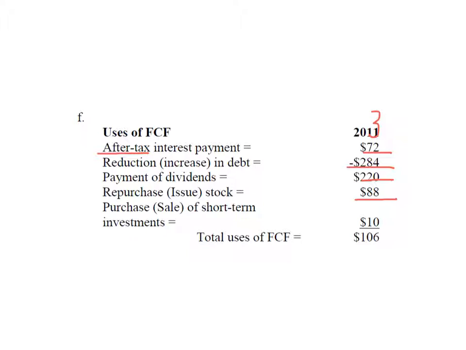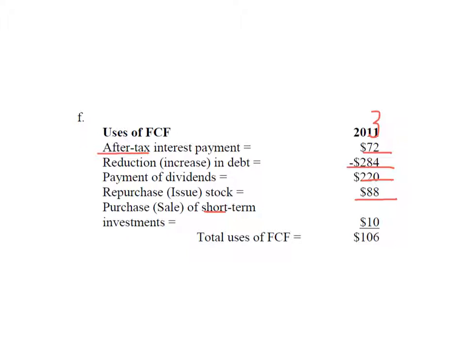The difference should be consistent with the 88 here. When you see that difference, that is telling you the company actually decreased the book value. That means the company spent some money to buy back the stocks. So that is a use of the free cash flows.